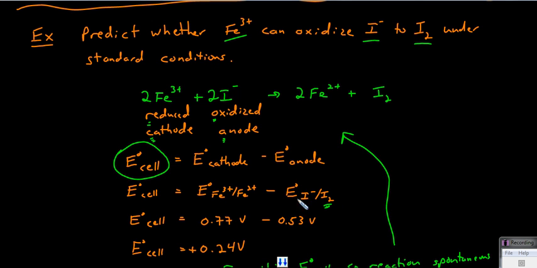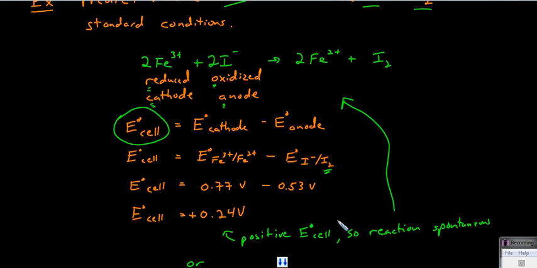So plug in that exact number, and so you get 0.77 volts minus 0.53 volts, and that's 0.24 volts. That's a positive E cell, so having a positive value, we can say that that reaction is spontaneous, and so that iron 3 can oxidize iodide.